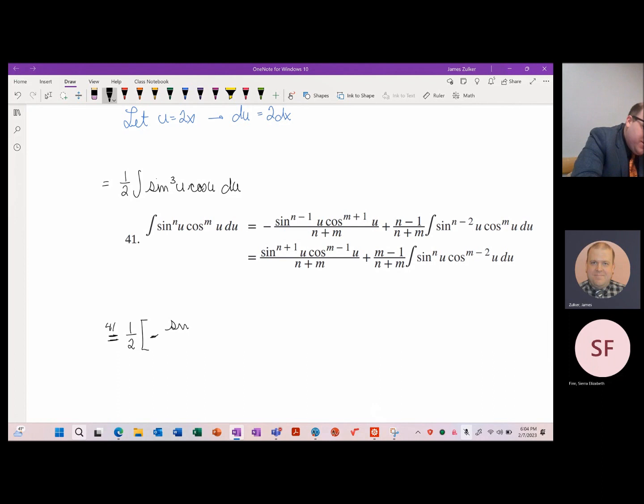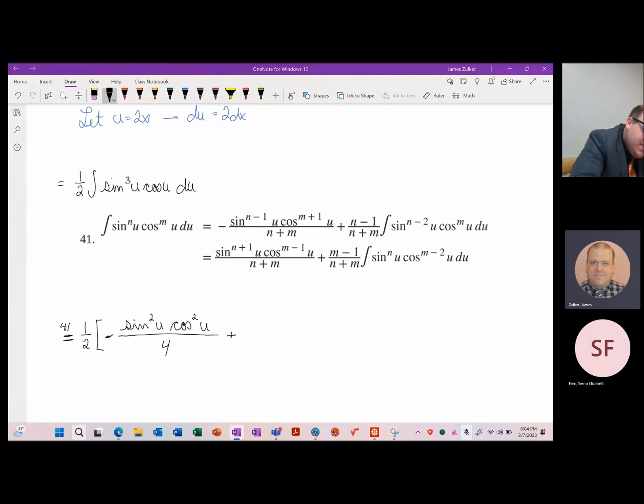Sine to the n minus 1. What is n? Cosine to the m plus 1. What is m? All over n plus m. Then it says it's plus n minus 1 over n plus m.